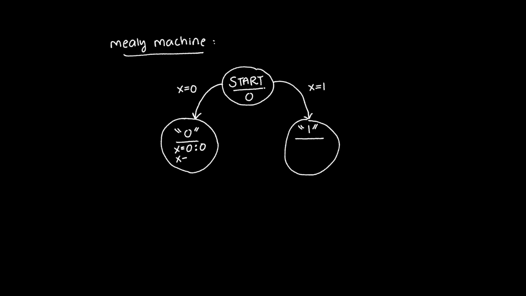But if I get a 1, then it means that my last 2 incoming bits have been 0 followed by a 1, so I'm going to output 1 at this point. And the other thing I'm going to do is transition over here to indicate that 1 was the last bit that I detected.